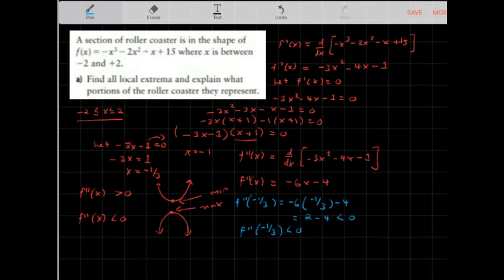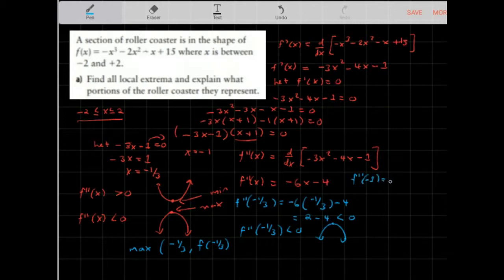Because negative 1/3 is a critical number of x, this point would therefore be concave down, and as a result, this should be a maximum point. So there is a maximum point that occurs at negative 1/3 and f of negative 1/3. Okay. And what we could do later is plug this into our function and determine that. Let's also test f double prime of negative 1.